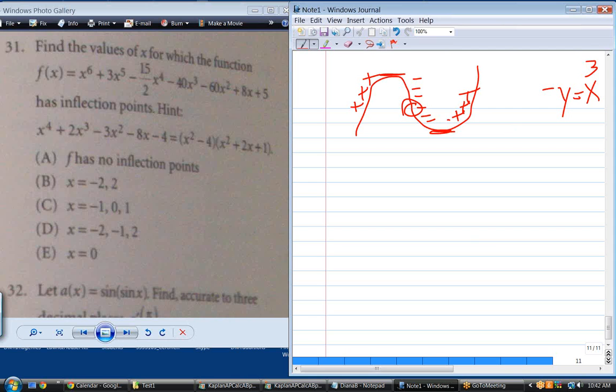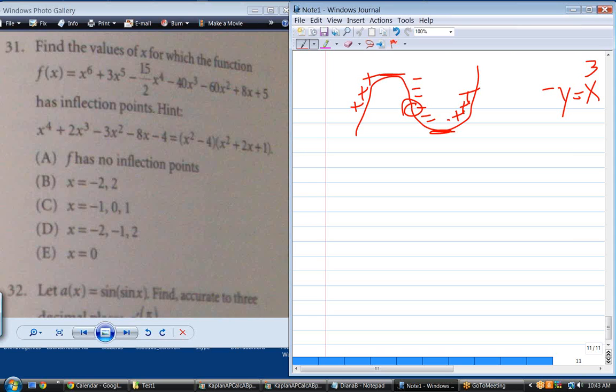But just like minimums and maximums, not all second derivatives that are equal to 0 are inflection points. And it has what is called the second derivative test, where the sign of the second derivative has to change left and right of your possible inflection point.